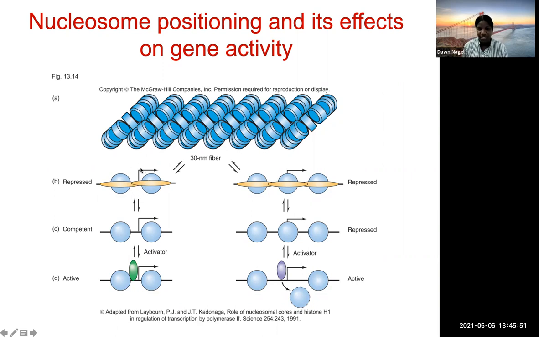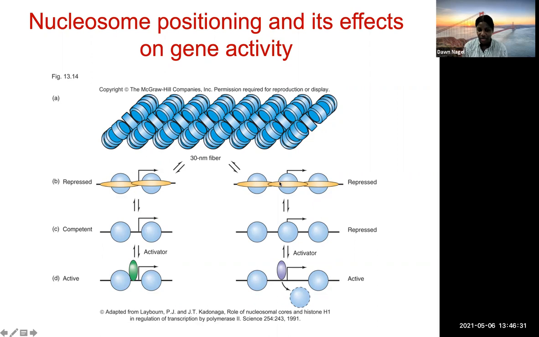The transcription start site is not accessible because it's wrapped up with all of these proteins and also the linker protein that's present. This becomes competent when you start loosening and removing these histone proteins, the linker histone proteins. With the core proteins, the DNA is accessible, an activator can come in, bind to the DNA, recruit everything that needs to be recruited, and you can have transcription.